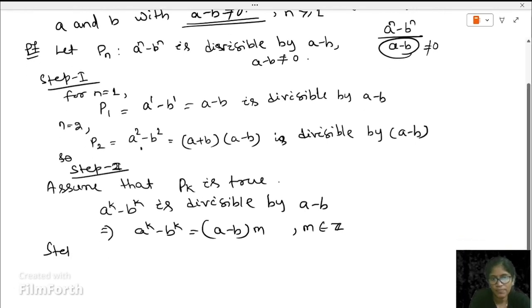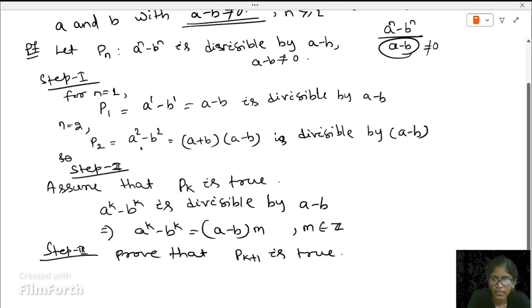Now step 3. Prove that Pk plus 1 is true.